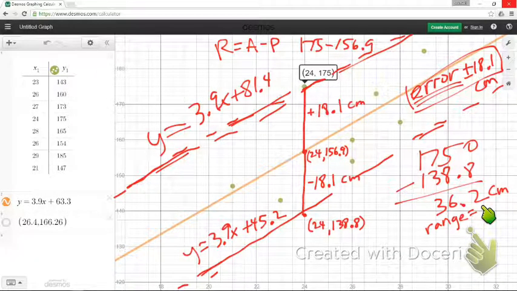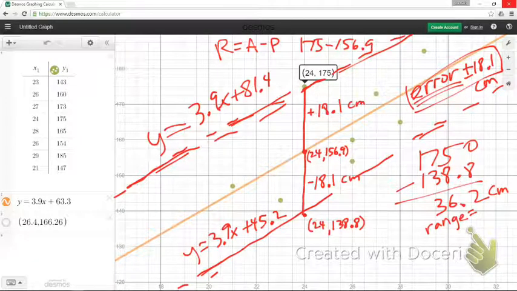That's not the tiniest thing, but it's a good size. And now we're talking a 36.2 centimeter range of potential error, which means that if we predict this person's height, they could actually be 18.1 centimeters taller or 18.1 centimeters shorter. In other words, we might be off anywhere between 3 to 8 inches, depending on where the person is, right?